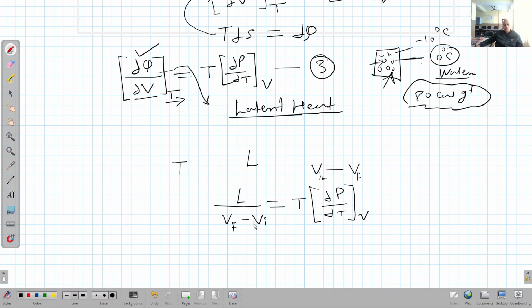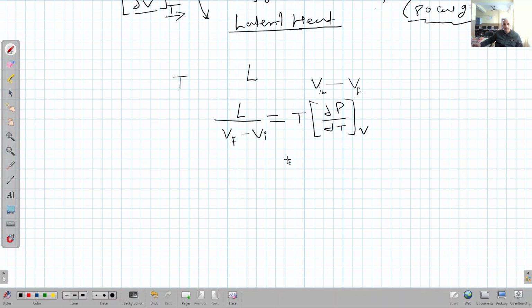Clear? So if I simplify it further, then this equation will now become curly P upon curly T, that is equal to L, latent heat, upon temperature T into V final minus V initial.